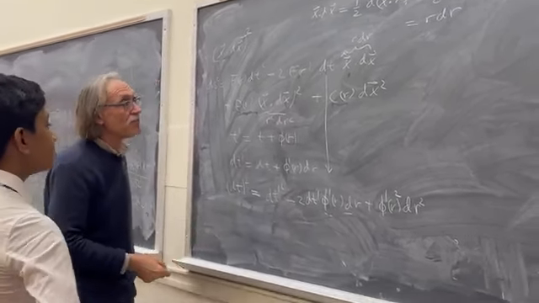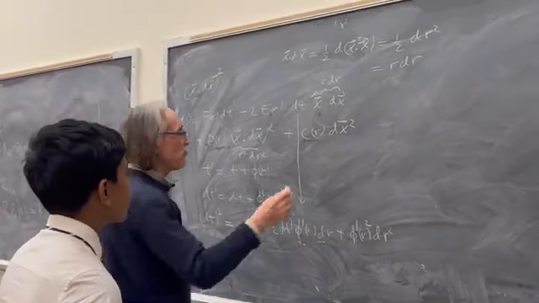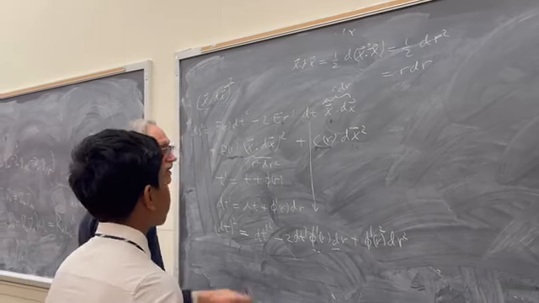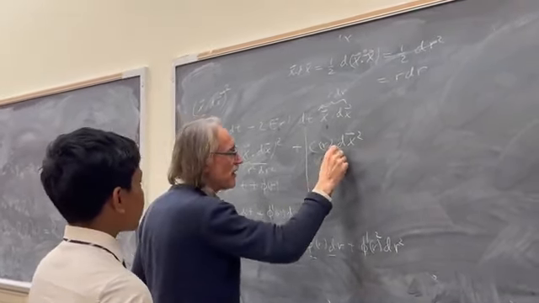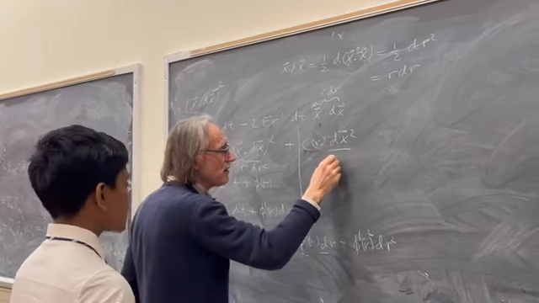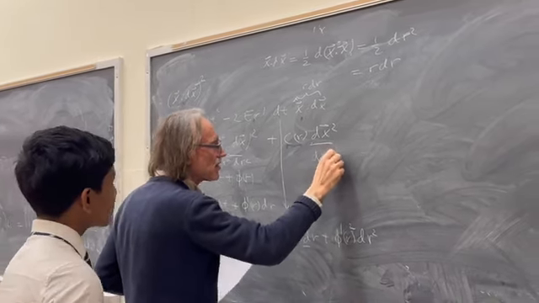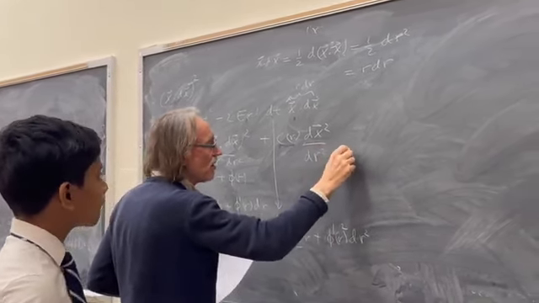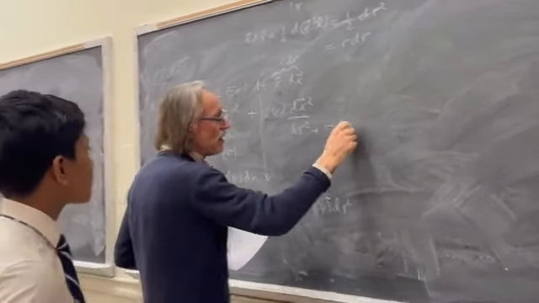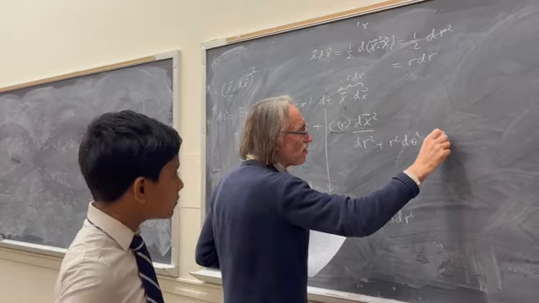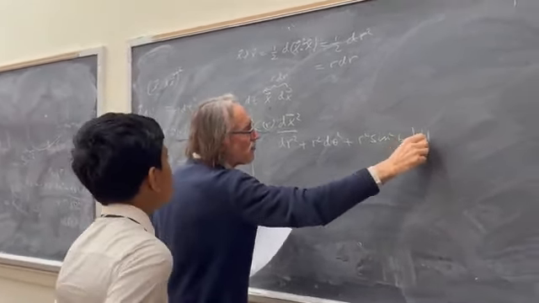And here we have dx squared plus dy squared plus dz squared is equal to dr squared plus r squared times d theta squared plus r squared sine squared theta d phi squared.